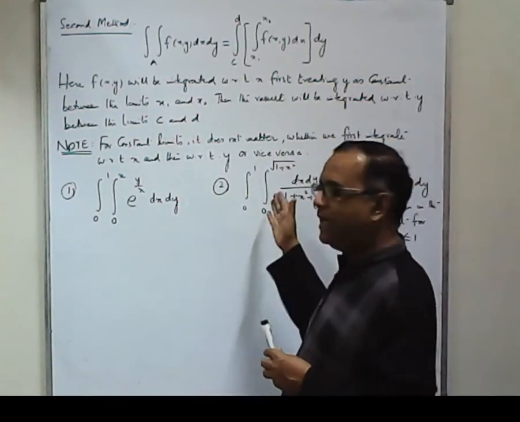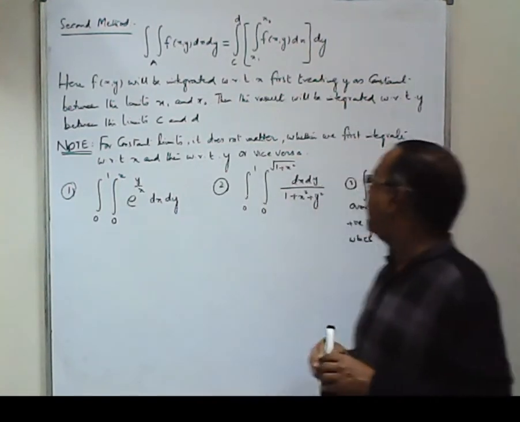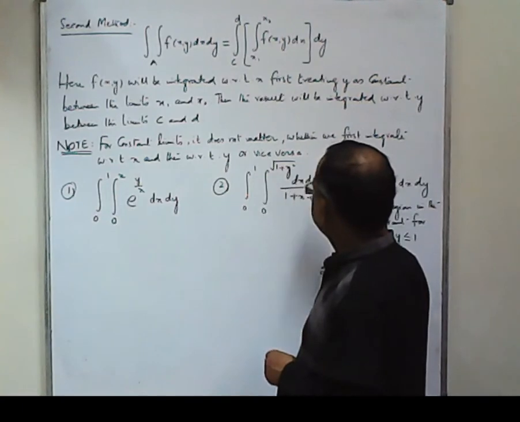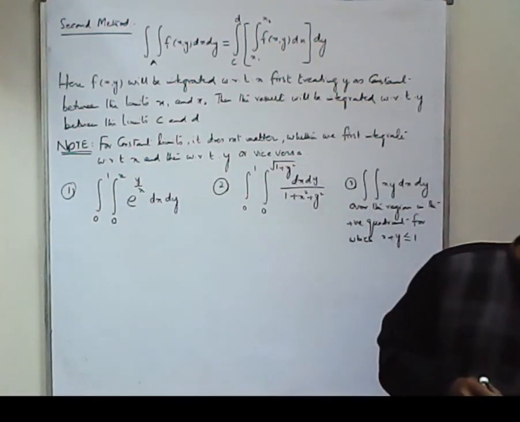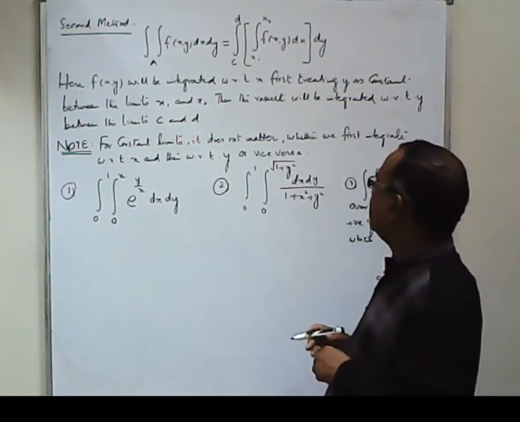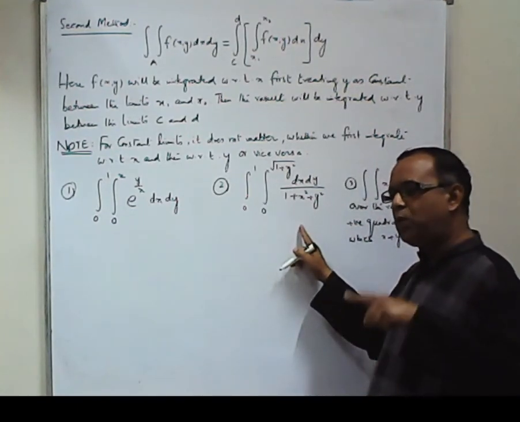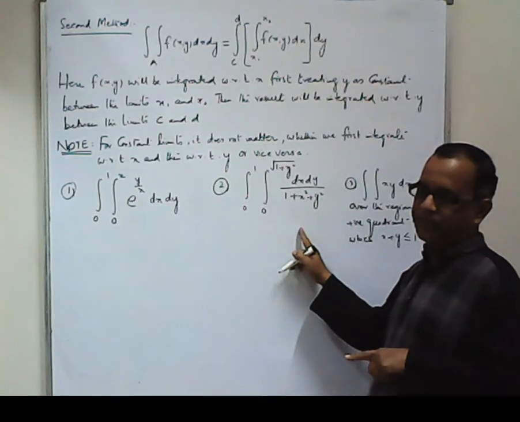If we have the limits with respect to y, let's say I write it here as 1 plus y square, then it means now I need to integrate with respect to x first.